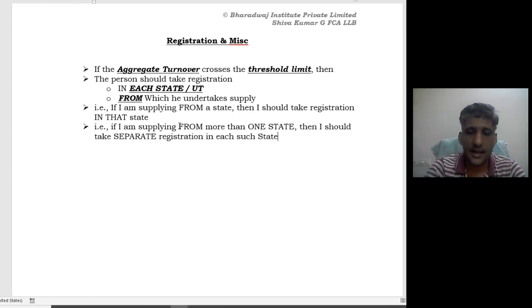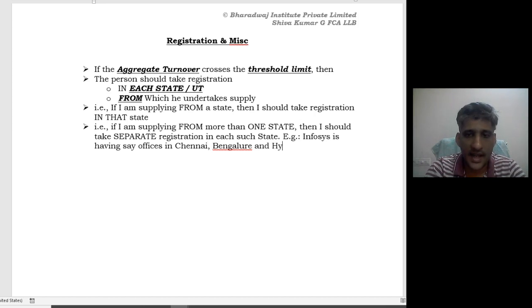Okay, example, Infosys is having say offices in Chennai, Bengaluru, and let's say Hyderabad. They have offices in Pune also, but let's assume only these three.